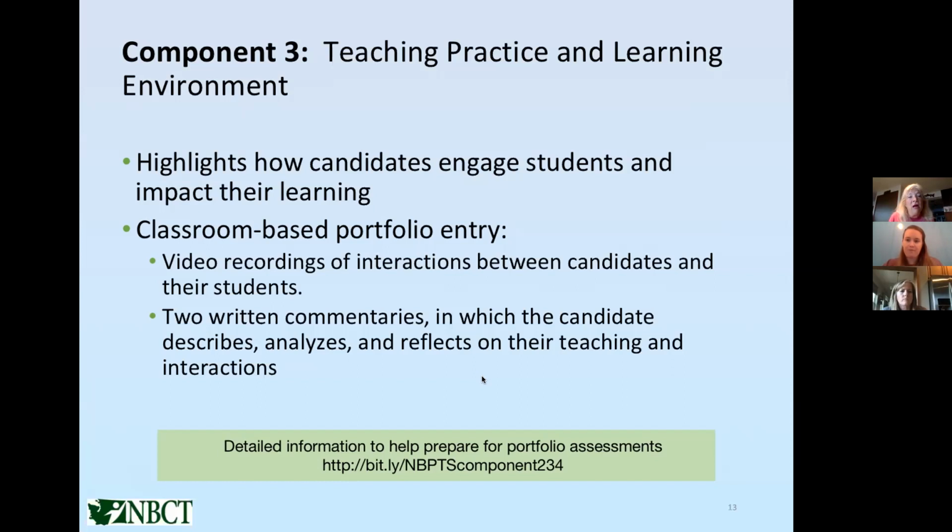Generally, most certificate areas do 2 videotapes that are about 15 minutes, and you look at interactions, both teacher to student and student to student interactions, and you evaluate student learning through those interactions.